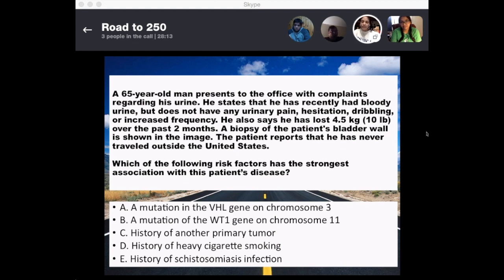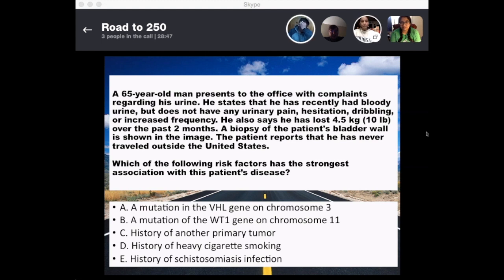Essentially, I think the key is just bladder wall, so it should still be okay without the picture. A, a mutation in the VHL gene on chromosome 3. B, a mutation of the WT1 gene on chromosome 11. C, history of another primary tumor. D, history of heavy cigarette smoking. And E, history of schistosomiasis infection.